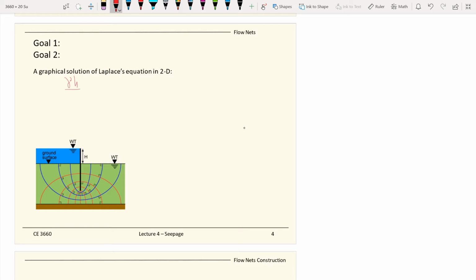So now we can write the Laplace equation in this form. And the H here is the total head at any point.